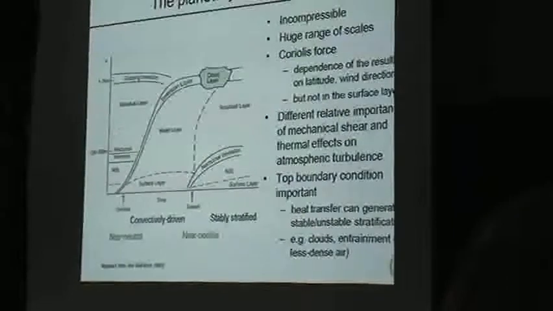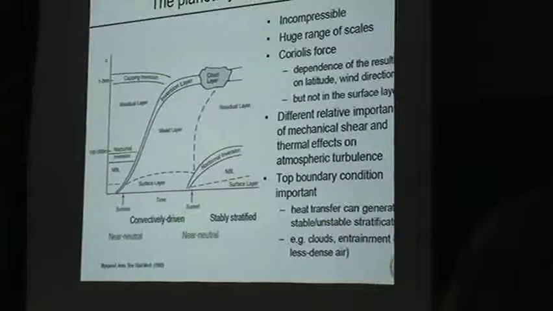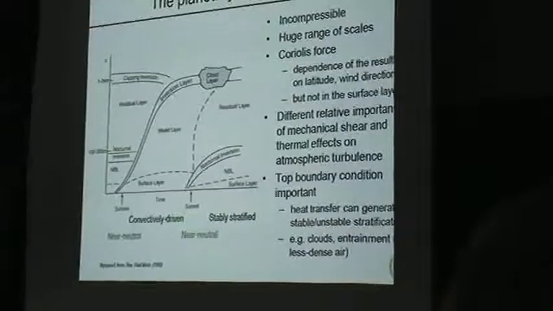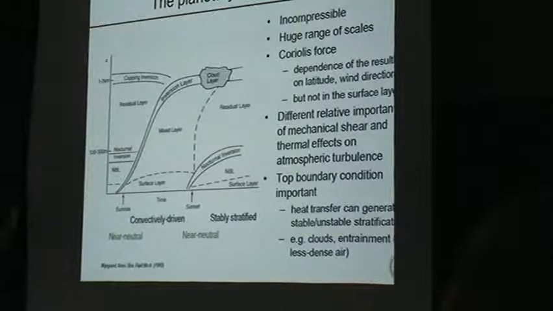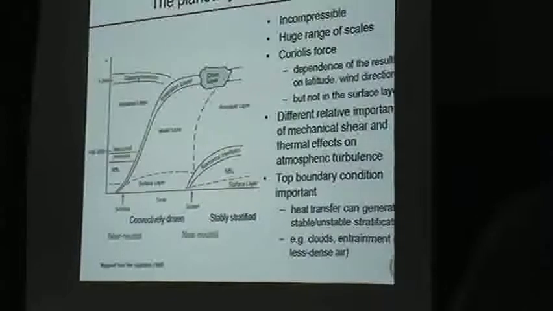So, what do we know about the planetary boundary layer? We consider it to be an incompressible flow. There's a huge range of scales. If you look at the full planetary boundary layer, you can see that the upper scale here is of the order of 1 to 2 kilometers, and then of course the atmosphere above that. Coriolis force, the rotation of the Earth, is important, but in general not in the surface layer, not that close to the Earth.